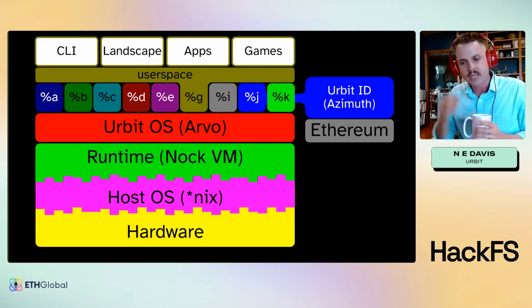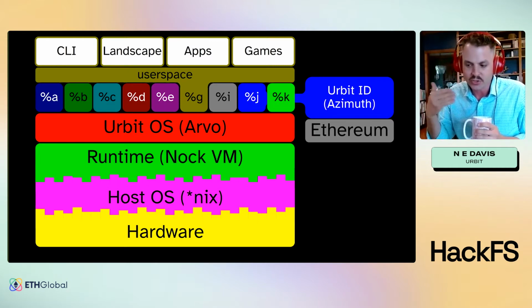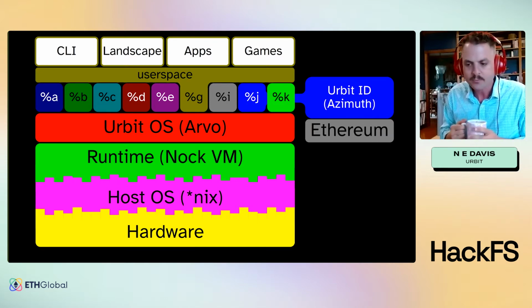So Urbit is designed so that everything that runs on it compiles to a language specification called Nock. This is similar to a bytecode, or kind of what an LLVM or a JVM or other systems do. It serves as kind of a micro Lisp VM specification.